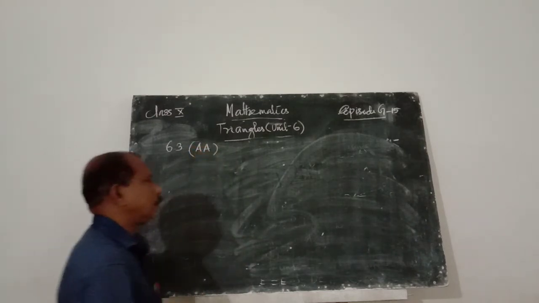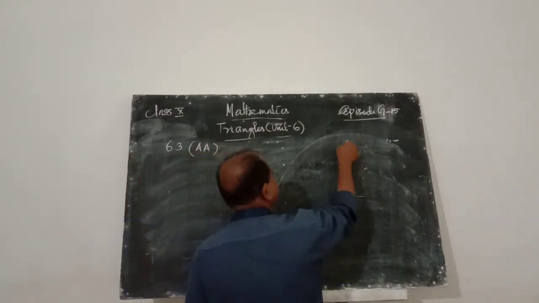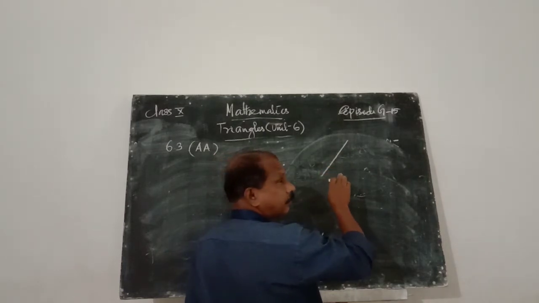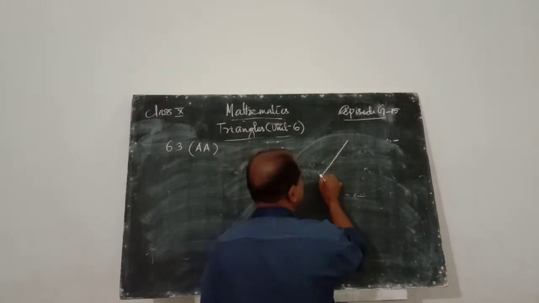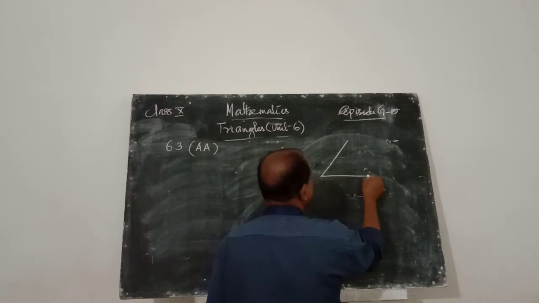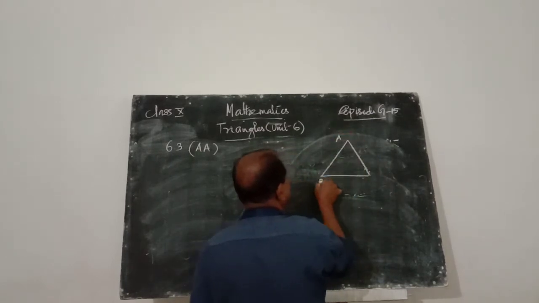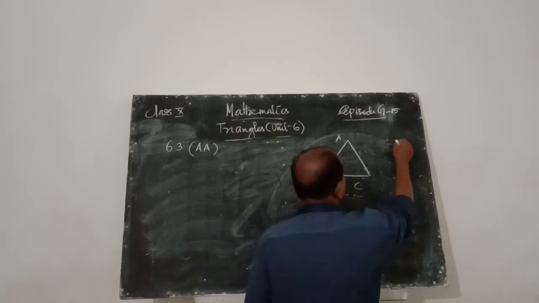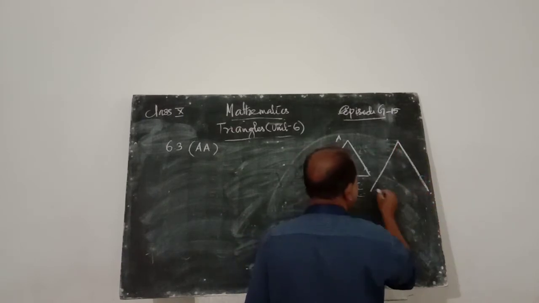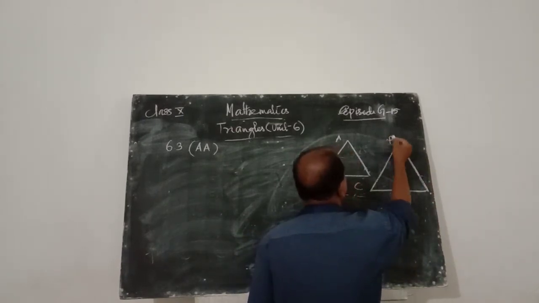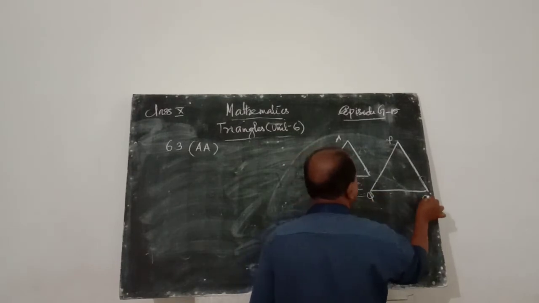We can prove that if two angles are equal, then the sides are also proportional. This is triangle ABC, and this is triangle PQR.